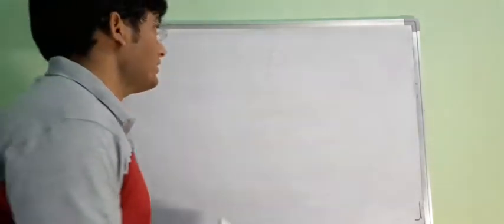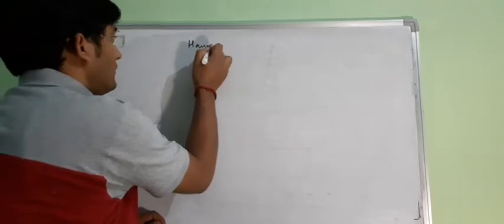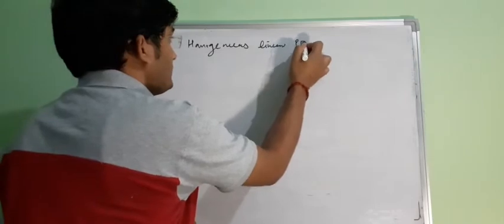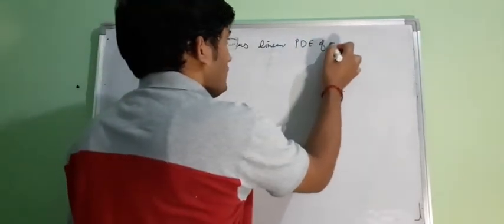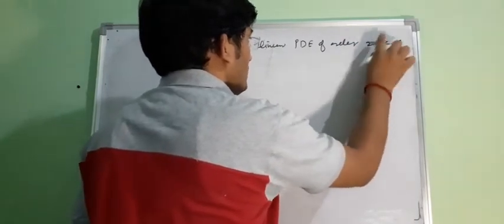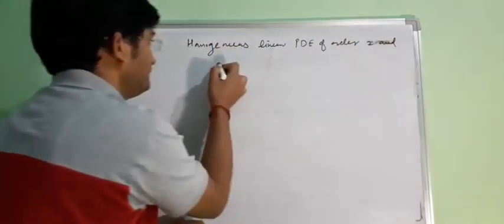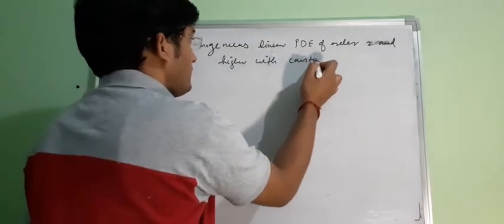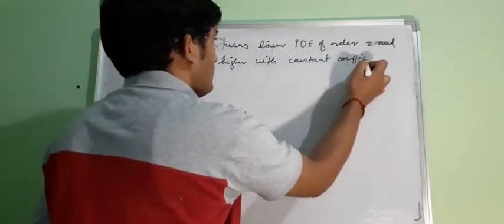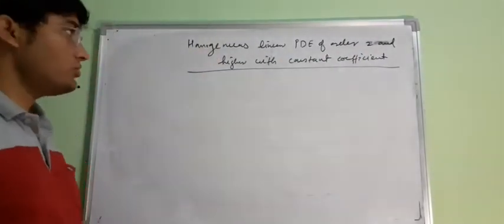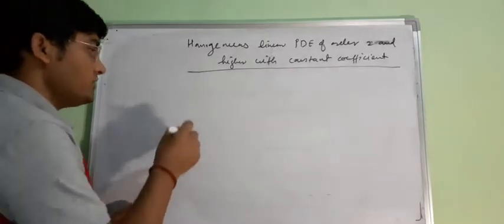So first of all, let us define the homogeneous linear partial differential equation of order 2 and higher with constant coefficient.